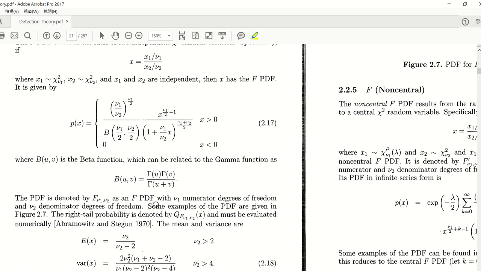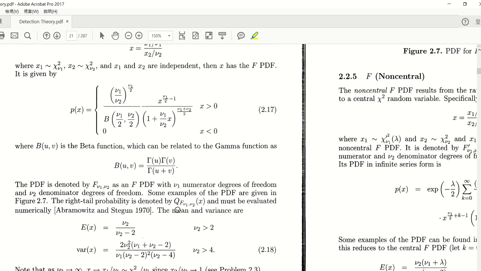So this is a sort of name: numerator, meaning that it's in the numerator here, 分子 numerator 是分子的意思, and denominator 分母, in the denominator. But it's just a name, you know. Some examples of the PDF are given in figure 2.7. We will take a look later.